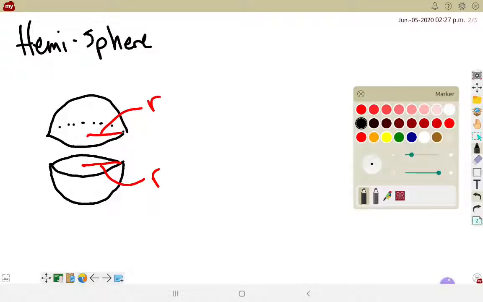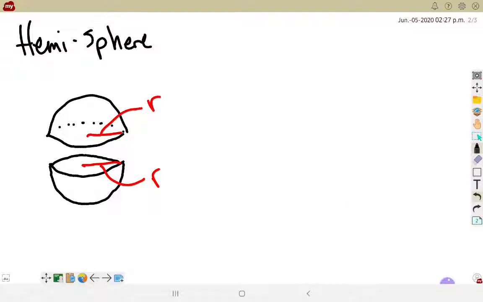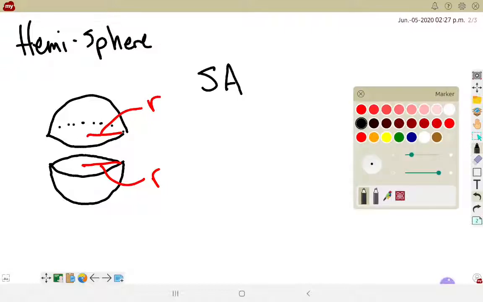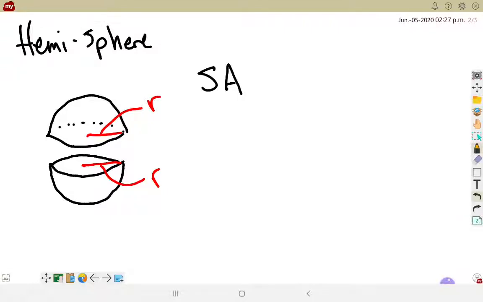But in terms of splitting our hemispheres here, if I was to look at the surface area of a hemisphere, so let's just look at that bottom hemisphere. If I was to think about the surface area, and this is my orange, if I had just cut my orange instead of peeling it, well, now I have half of the peel left, right? So it's really just half of the outside of a sphere.